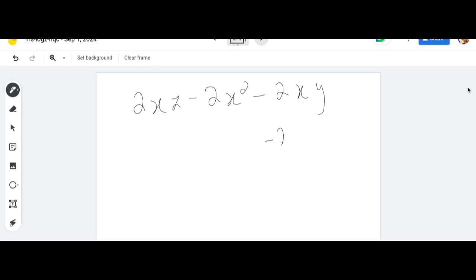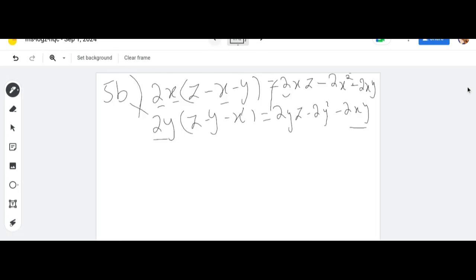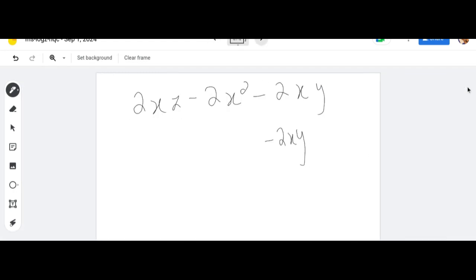Minus 2xy should be located below this, and the other values are not compatible with the other expression, so I have to place all of them in the next step. Understood? Yes. Okay, I will write it down because I don't have enough space on this page.